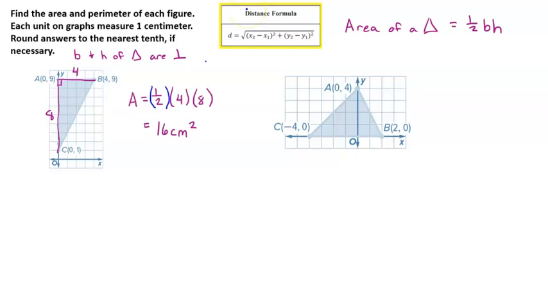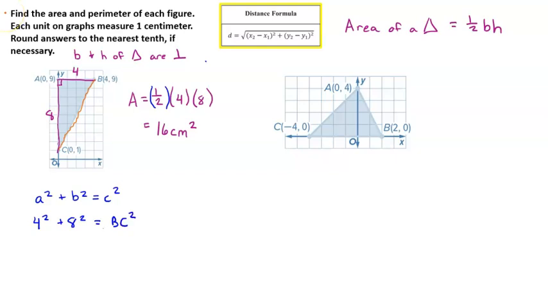So we've got 2 of our sides, but we're missing the 3rd. And recognize that this is a right triangle already, so we can just go ahead and use our Pythagorean theorem to find BC. So we've got a squared plus b squared equals c squared, and we're going to use 4 and 8 as our 2 sides, and our hypotenuse is BC.